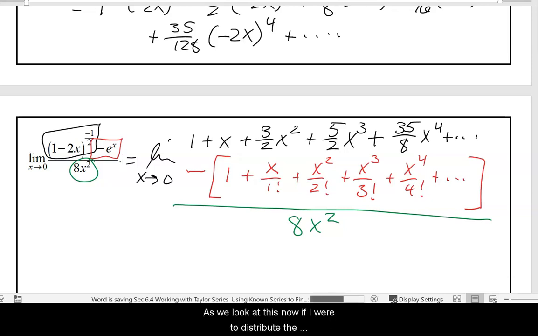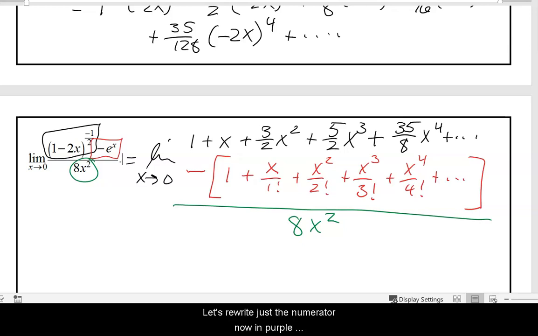As we look at this now, if I were to distribute the negative, would I have any simplification that might happen? Is there anything that might cancel? Anything that might combine together? When I look at it, I can see that the ones would cancel and the x's would also cancel.